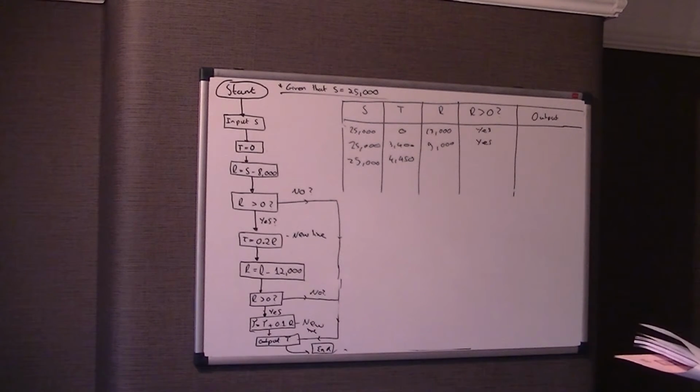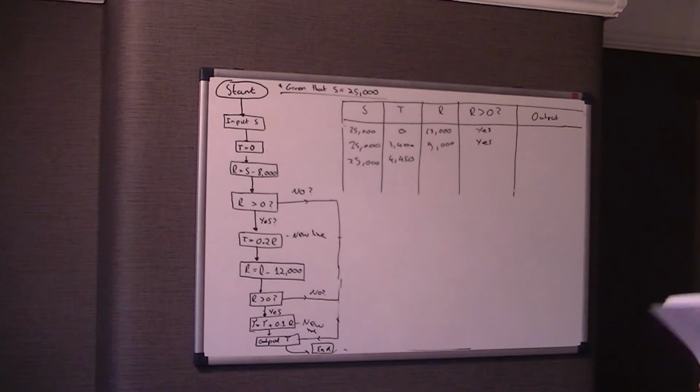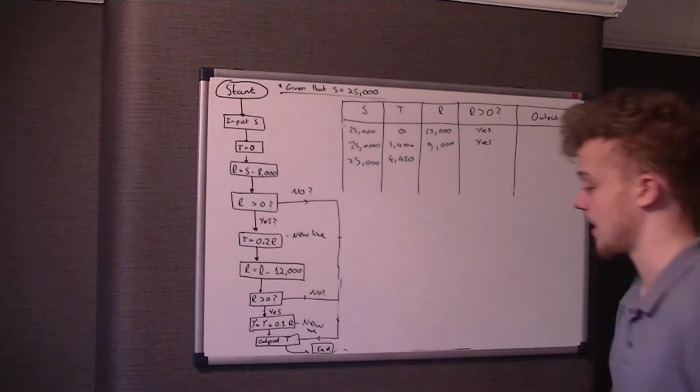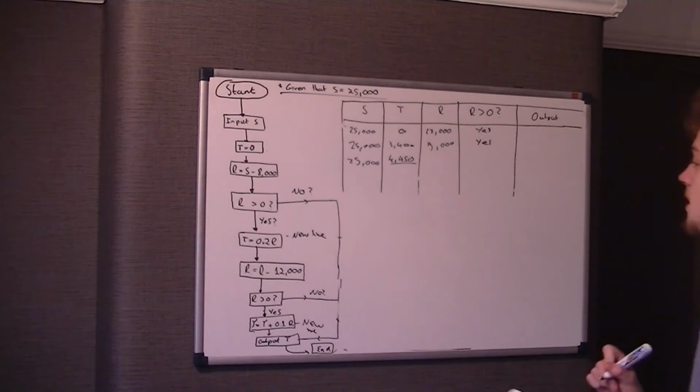Great, I've missed a step out of my algorithm. If that was the algorithm, I've missed out a step that I've got in my textbook here, but because it tells you to output t, that is our value for t, 4,450.